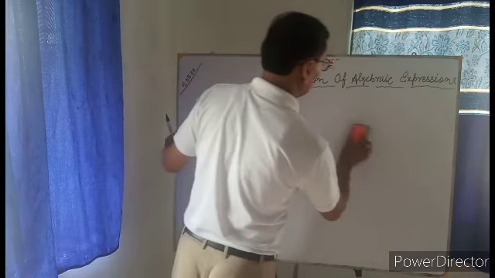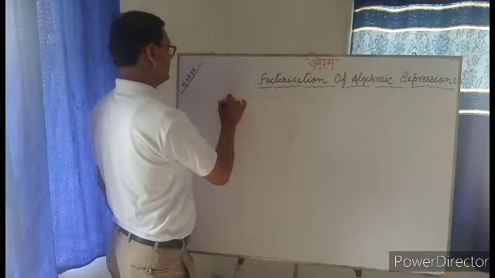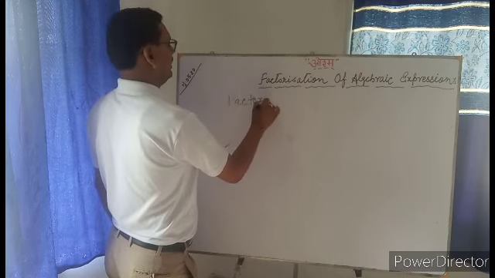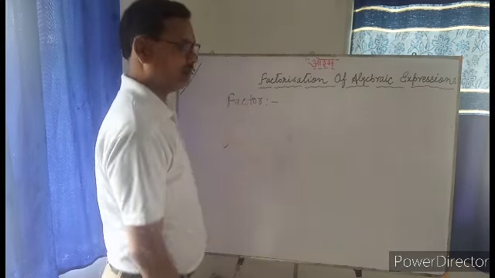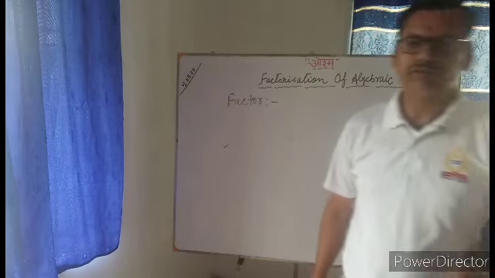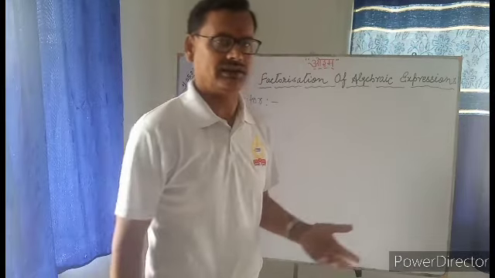That is, what you mean by factor, and then factorization. First of all, we should learn what a factor is. You must have learned in class 6 that a factor of a given number is its exact divisor.